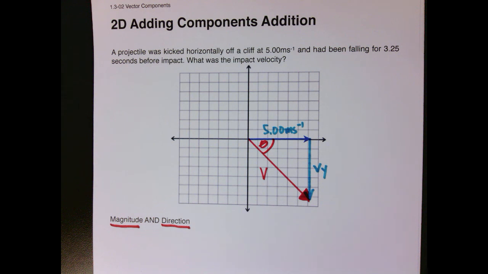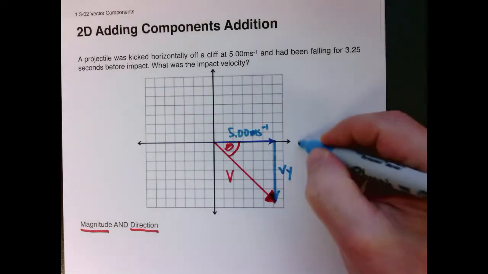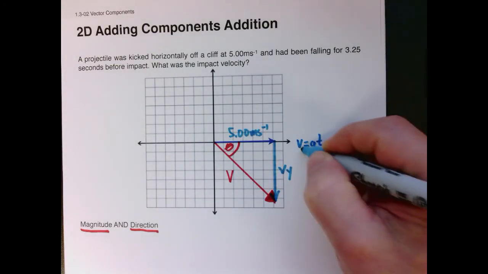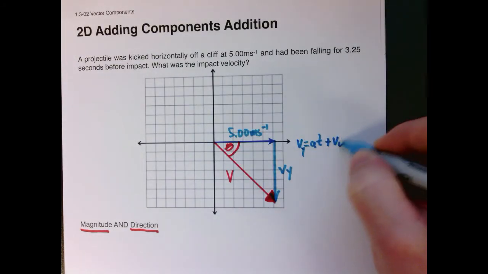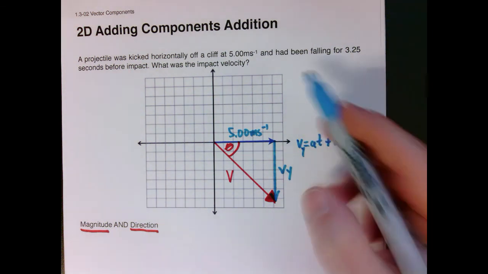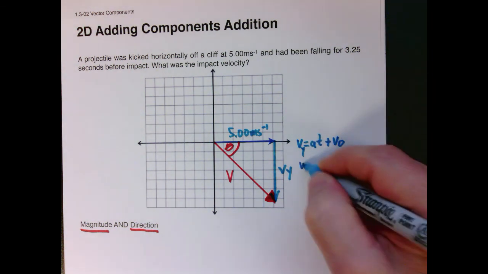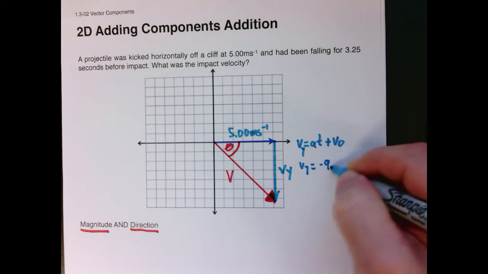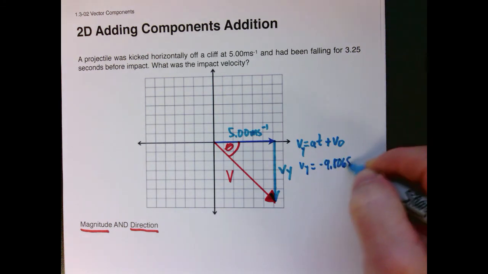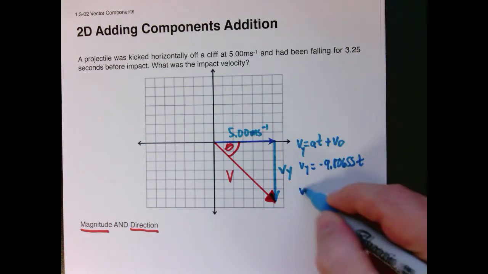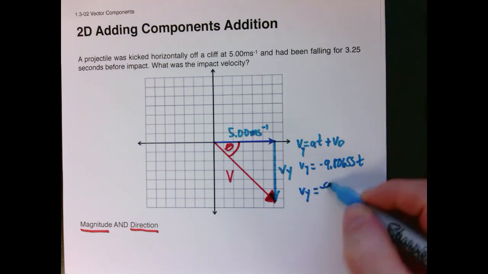If we write a model for the velocity in the vertical, we have Vy equals AT plus V0. It's kicked horizontally, so V0 is 0. So Vy is negative 9.80655 t. Well, we know t is 3.25.